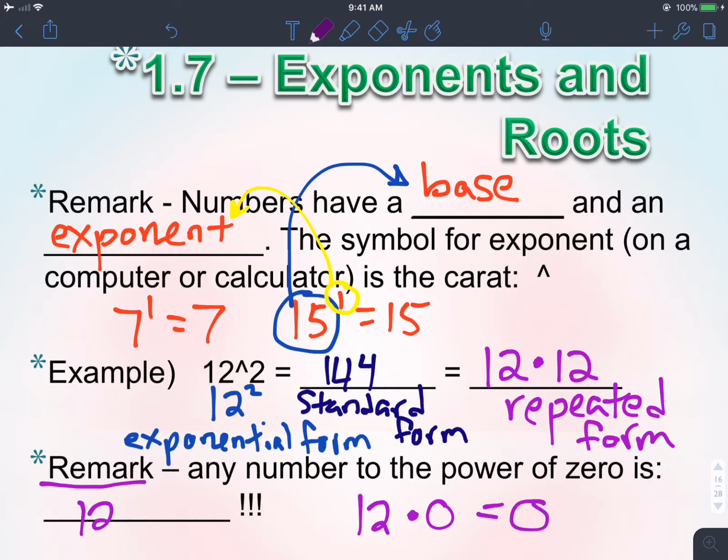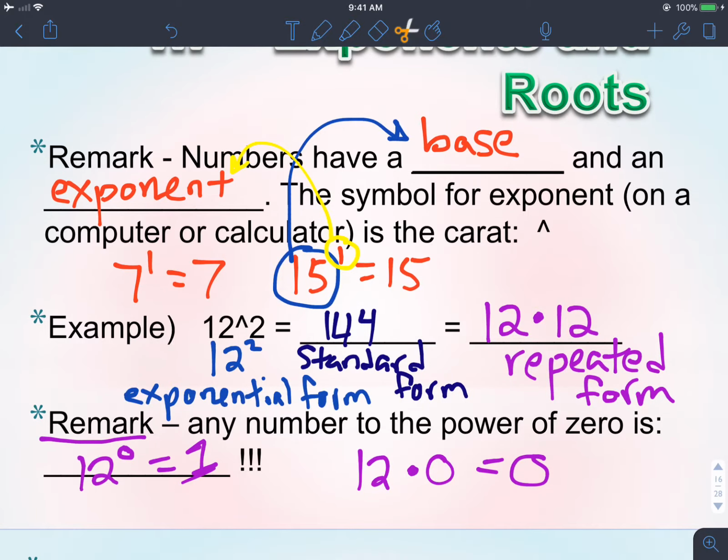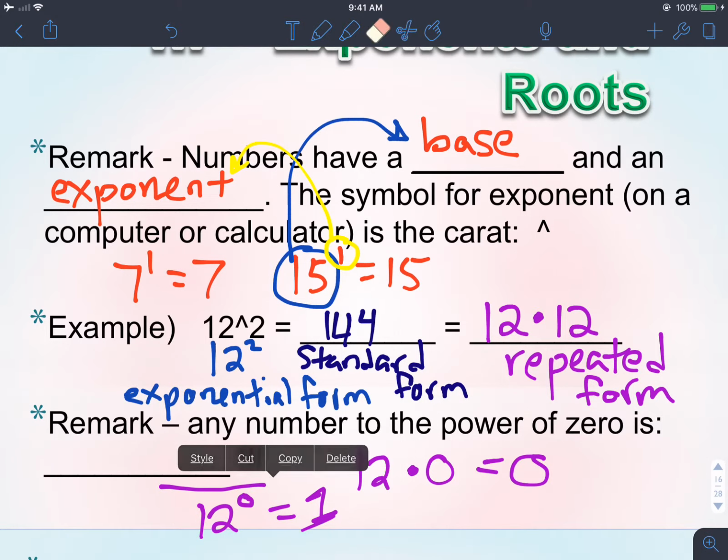But 12 to the 0 power is always 1. The question is, why is it like that? I don't know. They just came up with that rule a long, long time ago in algebra.